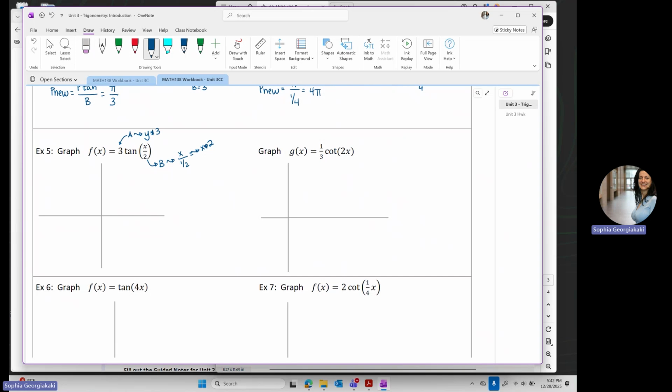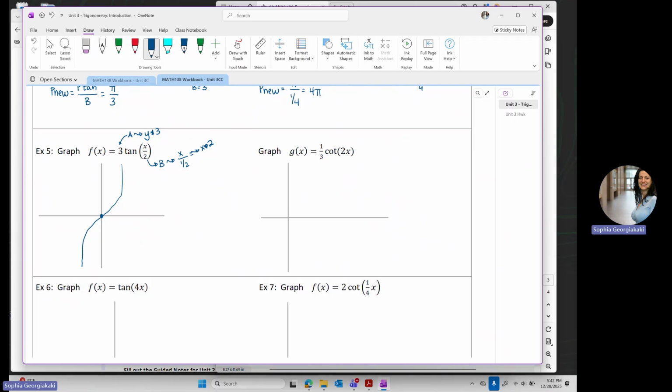So in the original tangent graph, that looks like that. Well, maybe let me try a better graph. This is the original tangent graph, right? We have the point 0, 0, and in the transformation, the x will be multiplied by 2 and the y will be multiplied by 3.